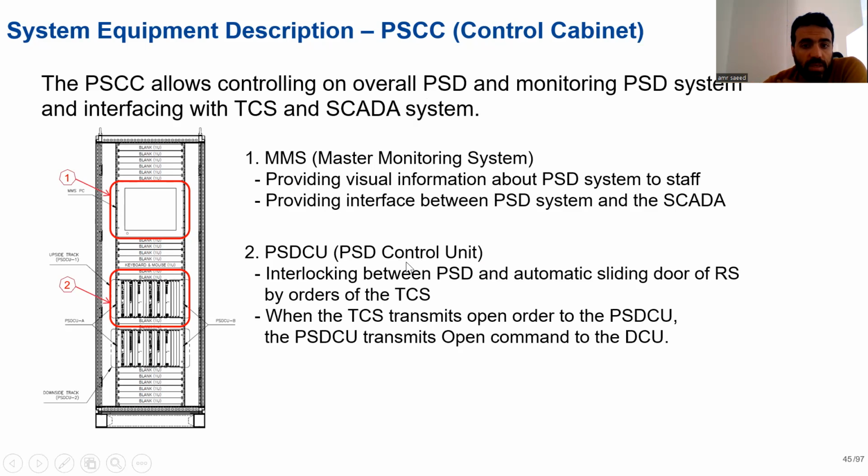And also PSD control unit, as you see here, PSCCU A, PSCCU B, A and B. This is for redundancy. If there is an issue with PSCCU A, PSCCU B will work automatically, not to stop the system while operation. And the TCS sends a signal to PSCCU to open or close PSD.